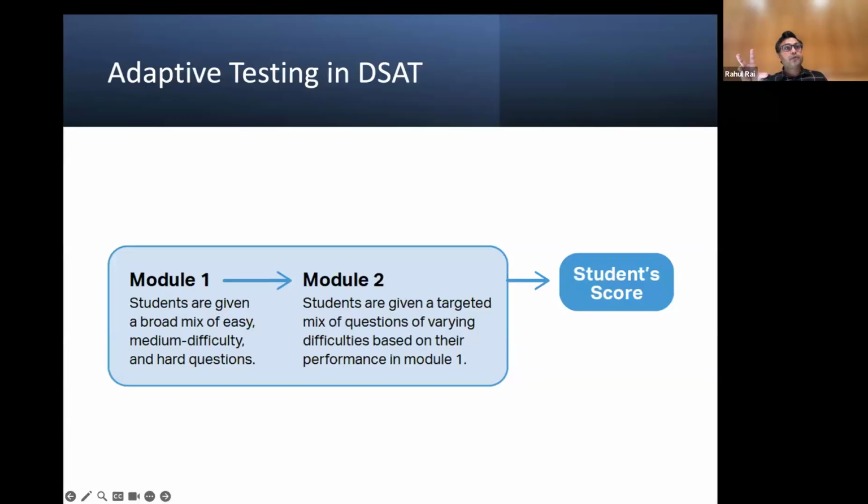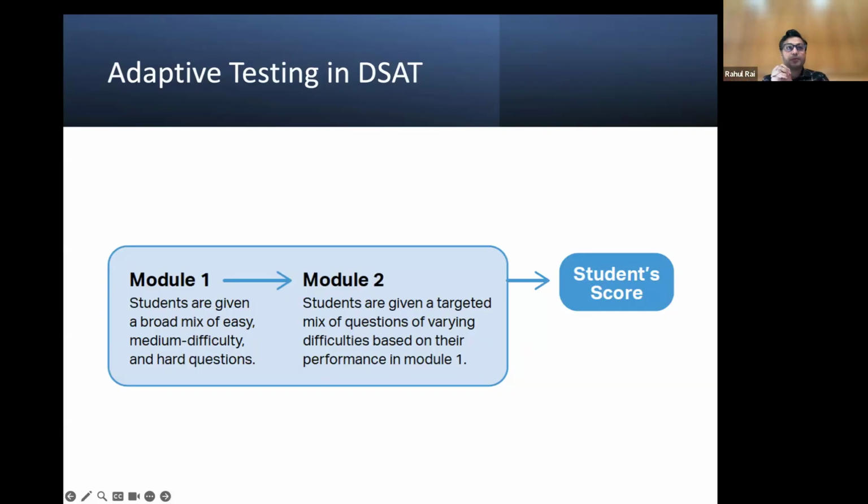And the overall score that you get on a given section, that could be either math or reading and writing, is dependent upon your performance in both the modules, module 1 and module 2. And let me explain how this works. First, module 1, where the mix of easy, medium, and hard questions is given to you. When you do that, the module determines the range of the score.